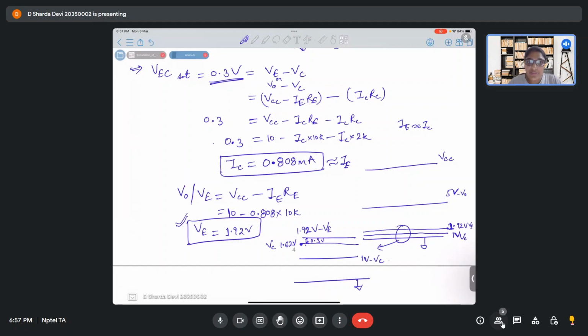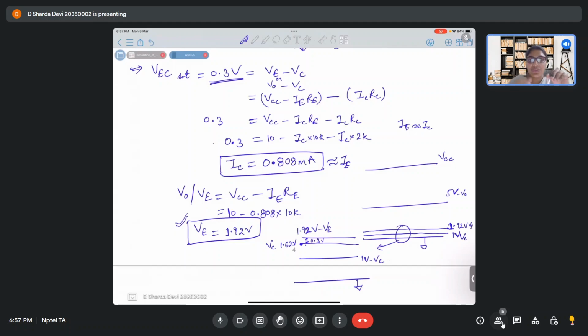And we have also seen that now VC is not a DC value, but it is actually fluctuating, changing with VE, and they are reciprocal to each other, right? So if there is a sinusoidal trend in VE, there is also a sinusoidal trend in VC, right?